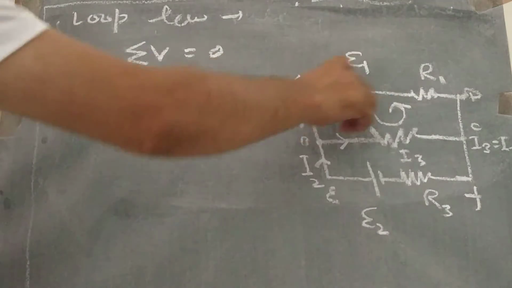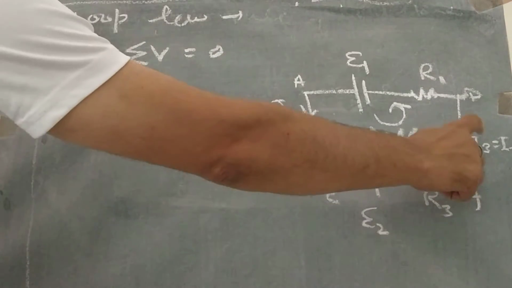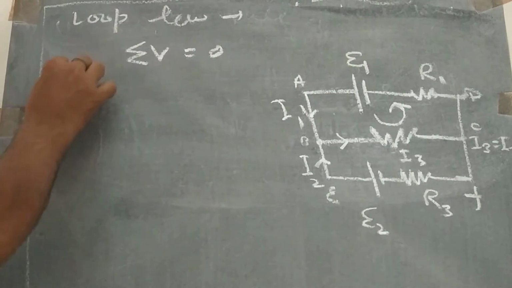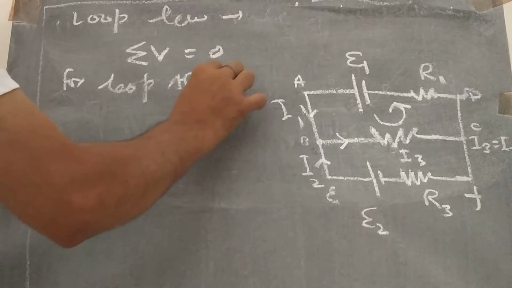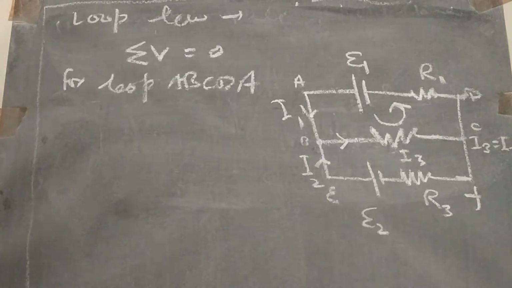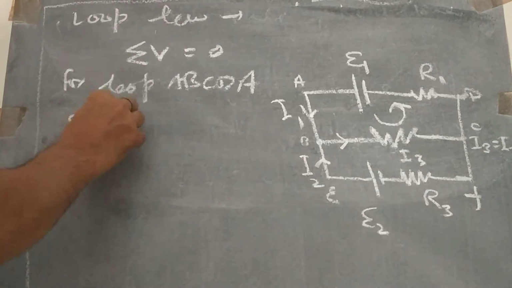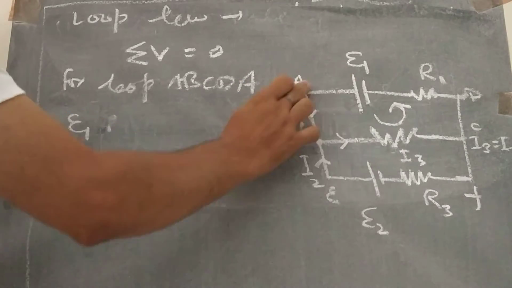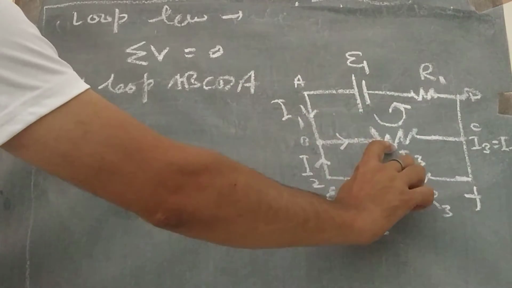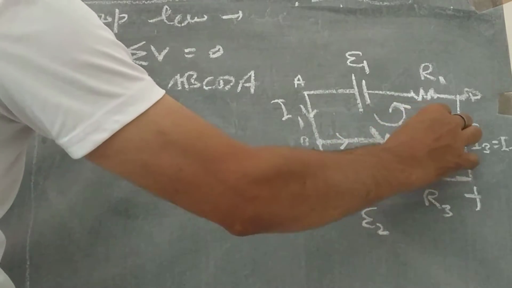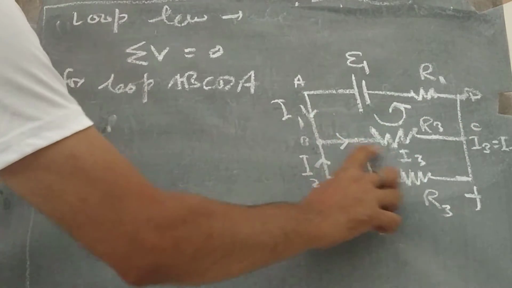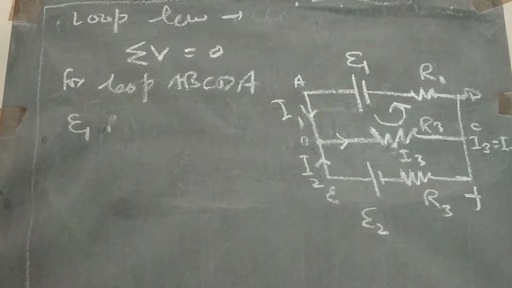Therefore, for this loop A, B, C, D, A, we have E1 taken to be positive, then here voltage will be I3 into R3, but here I am going in the direction of increasing potential.